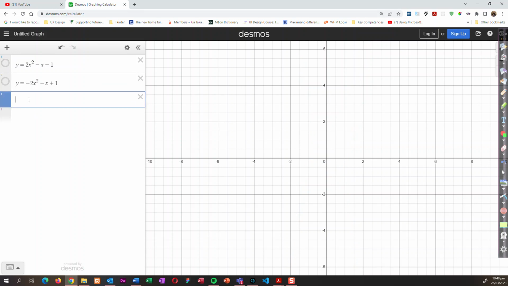A very simple even function might be y equals x squared. That's an even function which is symmetrical around the y-axis. So an even function is symmetrical about the y-axis. That's another clue.